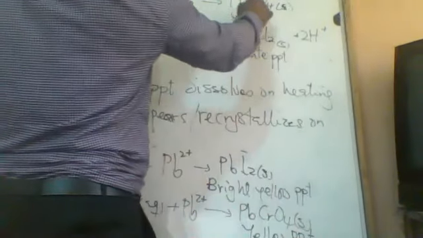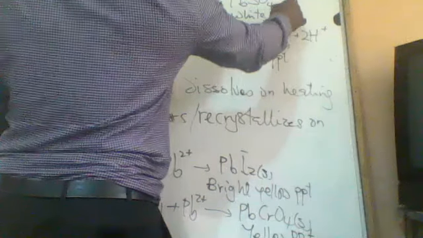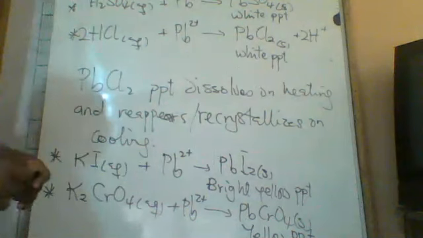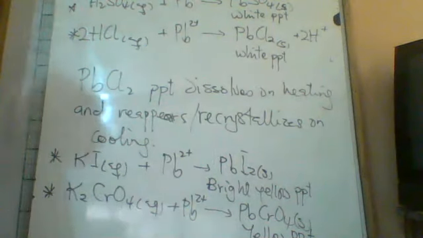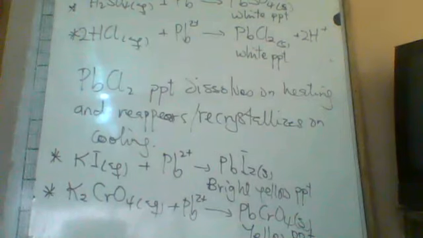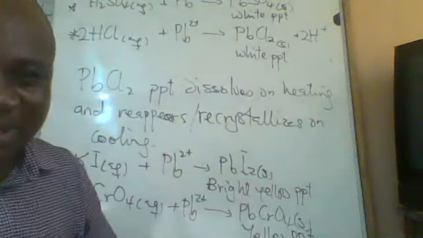That's going to give you a white PPT of the lead sulfate. So when it comes to lead alone, we have 4 different reagents that can be used to confirm it.